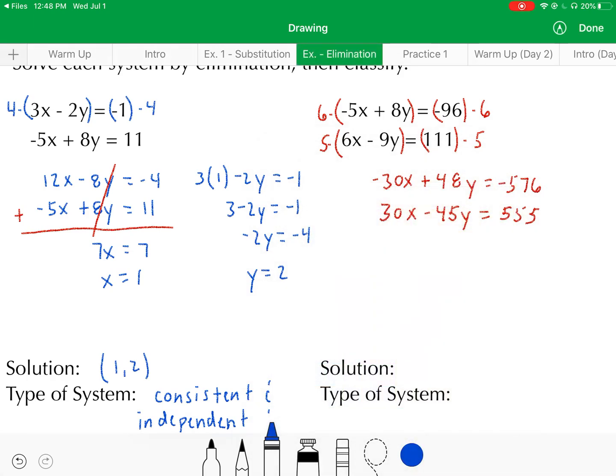All right, now notice I have -30x and +30x. The only way those are going to eliminate is if I add these two equations together. Had both of those coefficients been of the same sign, let's say they were both +30x, then you would actually want to subtract your equations from one another.